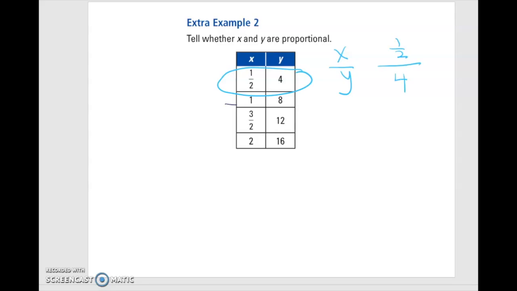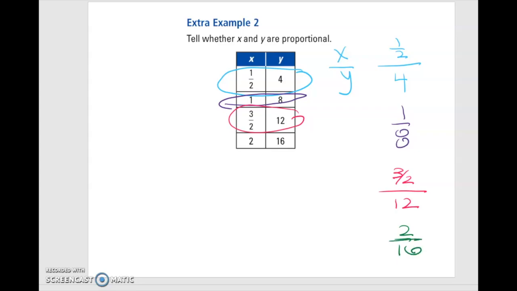The second ratio would be 1 to 8. The third ratio would be 3/2 to 12. Or the fourth ratio, which would be 2 to 16.